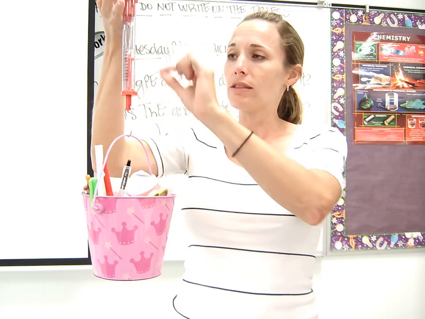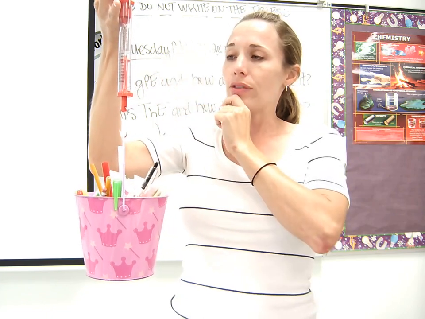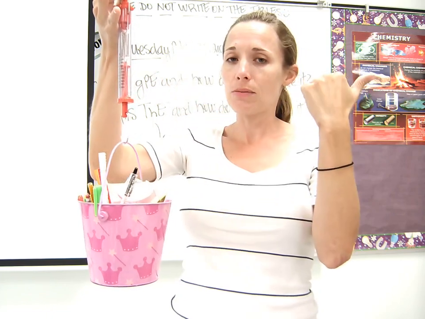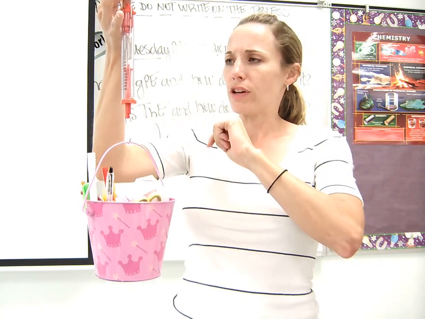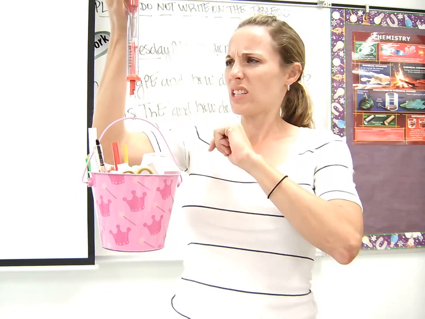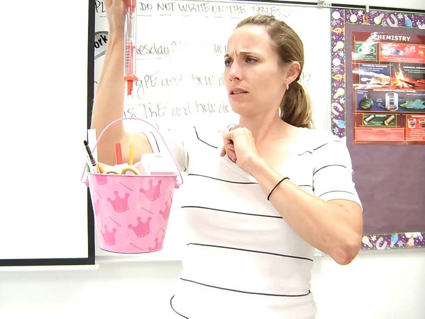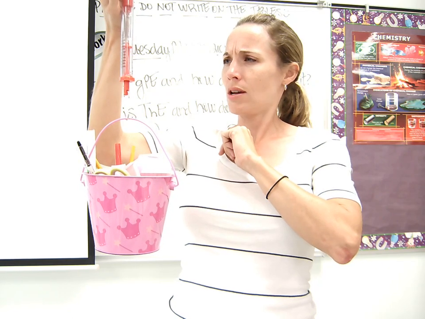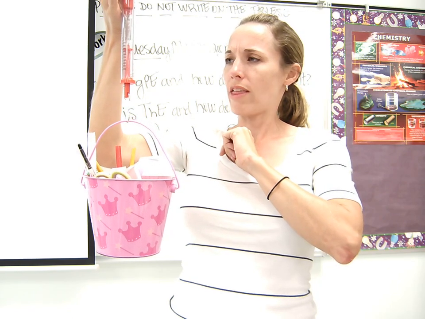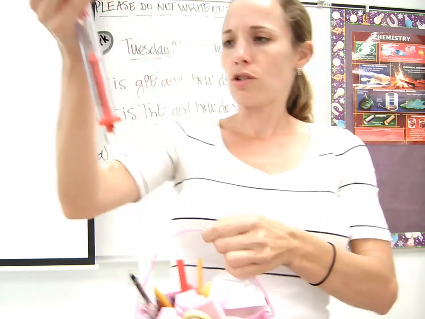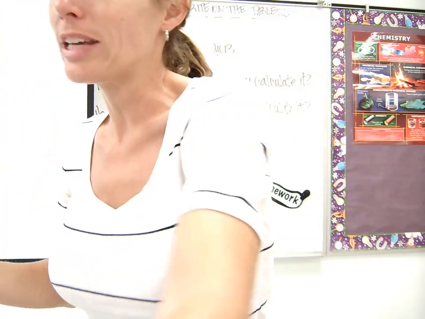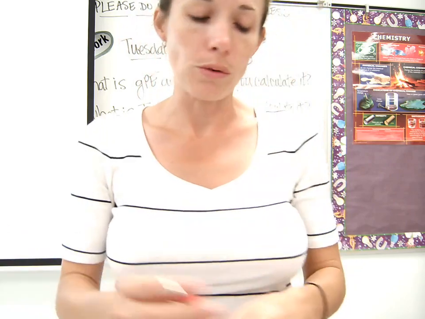It's important that you look at how this is set up so you can read it ahead of time so that you're not standing here trying to figure it out in the middle of it. Let's see, that's 4, that's 6, that's 5 in the middle. I'm going to call that 5.5 newtons. Really I probably could find something a little bit heavier, but we're going to go with that for now.